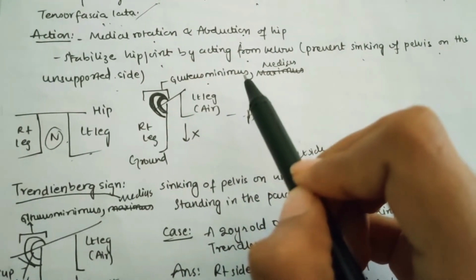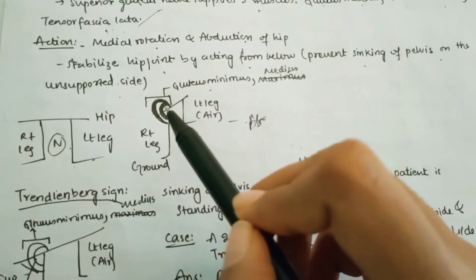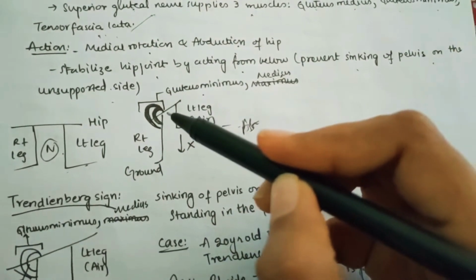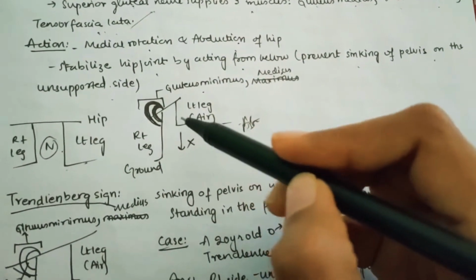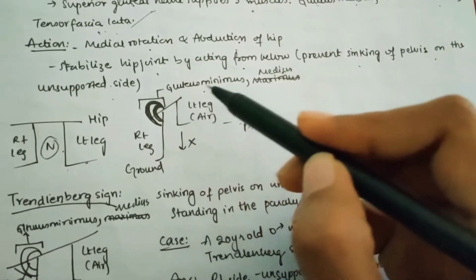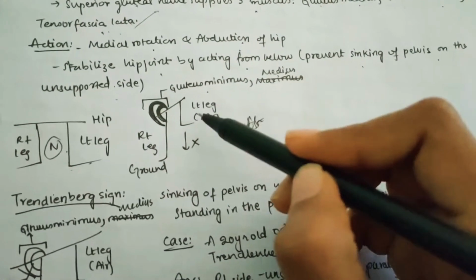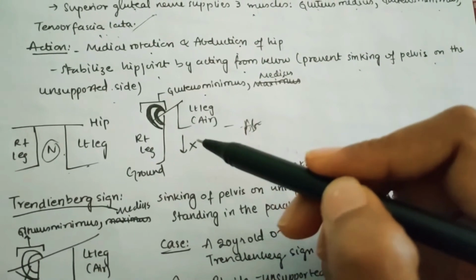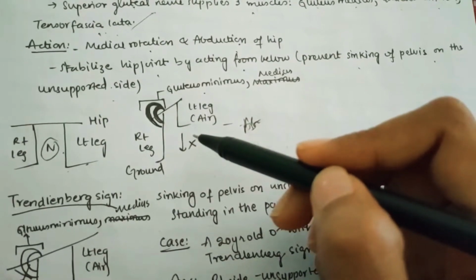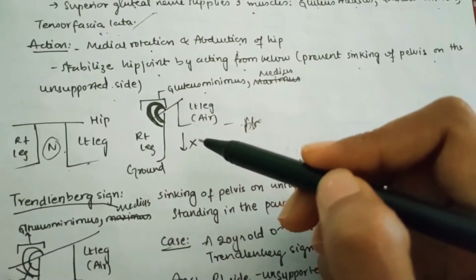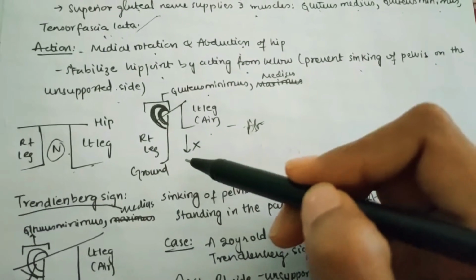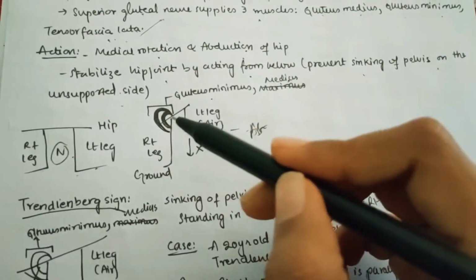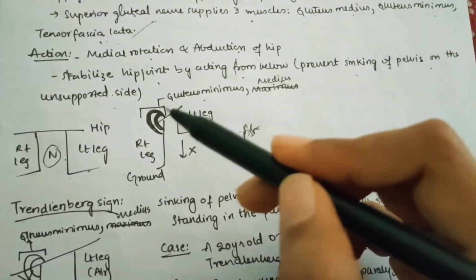If there is any problem in the superior gluteal nerve, then these muscles will get paralyzed. These muscles have their effect on the opposite leg. For example, if the right leg gluteus minimus and medius get paralyzed, then there will be a problem in the left leg, that it will be unsupported. So that is the problem here.